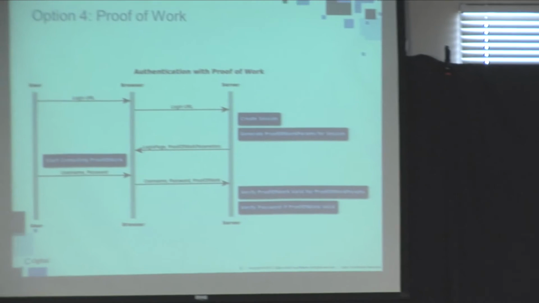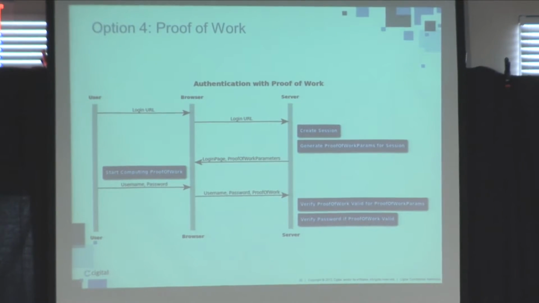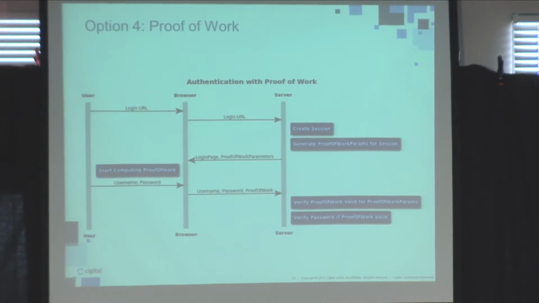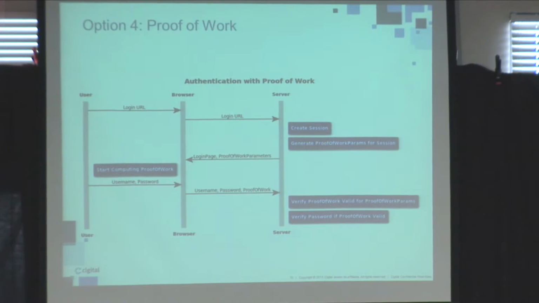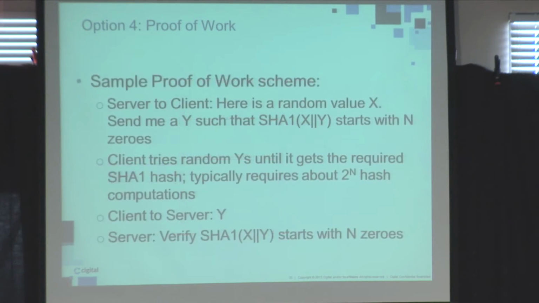What about using a proof of work scheme? Does anybody know what proof of work is? So let's take a look at the actual idea behind proof of work. This is sort of a straightforward proof of work scheme where the server says to the client, here's a random value x, give me another value y such that the SHA-1 hash of x concatenated with y starts with a certain number of zeros.